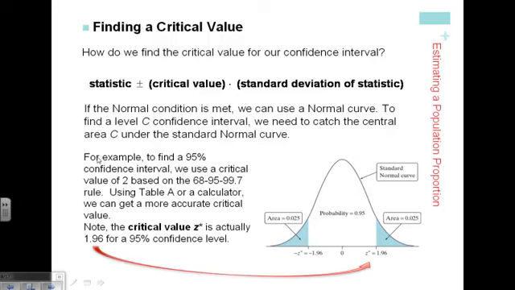Yes, we have P hats and Z stars. It's a Z value because it comes from a normal distribution. It's not coming from a data point though, so we don't call it normal Z. Instead, we're saying it's a critical value, so we're going to call it Z star.